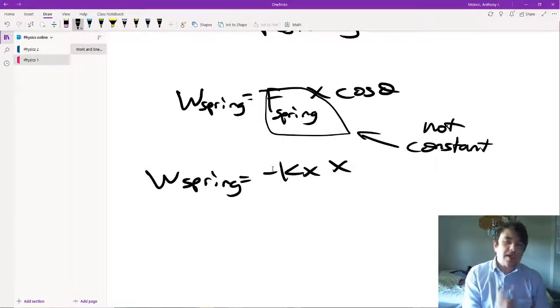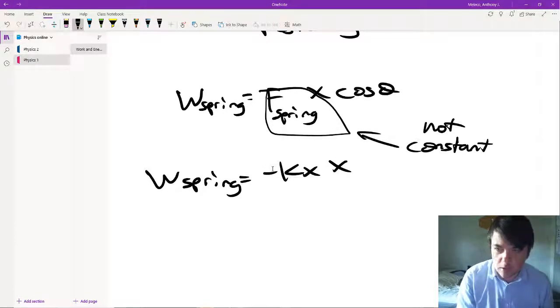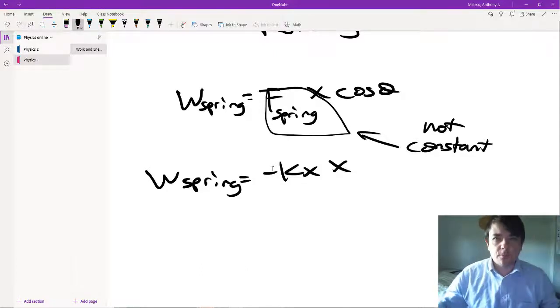So for a force that's not constant, what happens, and you probably have noticed this when you're compressing a spring, especially a really tough spring, is that it gets harder and harder to compress the more you do, right? Or pull it apart. It changes as you're compressing it and releasing it.